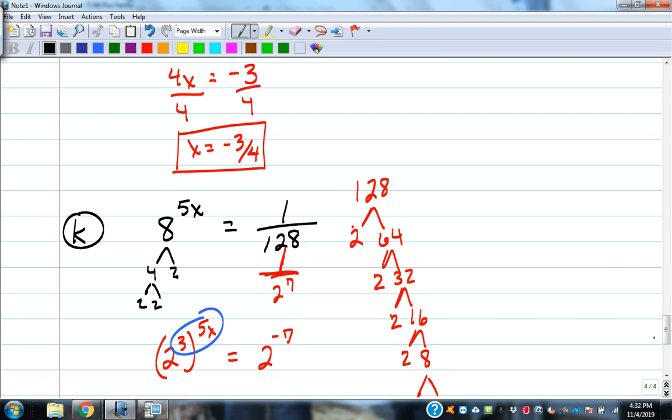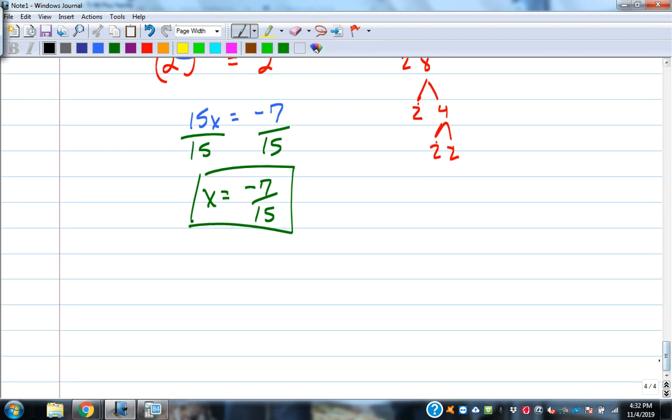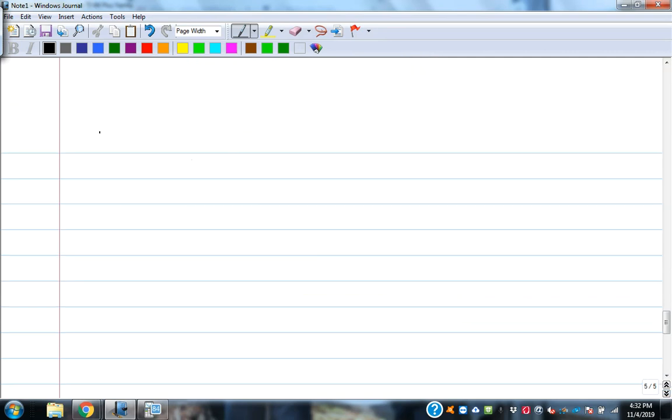All right. Let's look at one that is slightly different. 4 to the 3x squared is equal to 8 to the x. So with this one, we've got bases of 4 and 8, which neither of are prime.